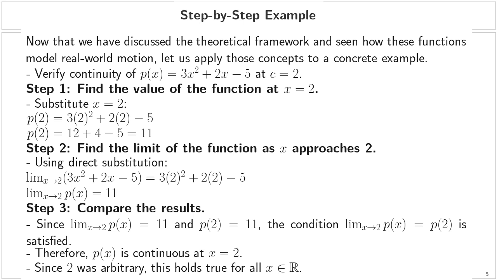Furthermore, since the number 2 was chosen arbitrarily, this same logic applies to any real number, meaning the function is continuous across the entire set of real numbers. While this process is straightforward for polynomials, it is important to remember that not all functions behave this way. In the next slide, we will look at some common mistakes and distinguish polynomials from other types of functions.